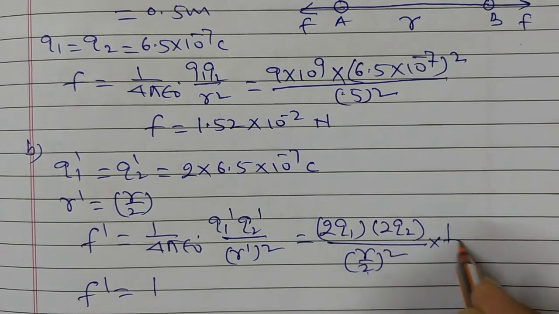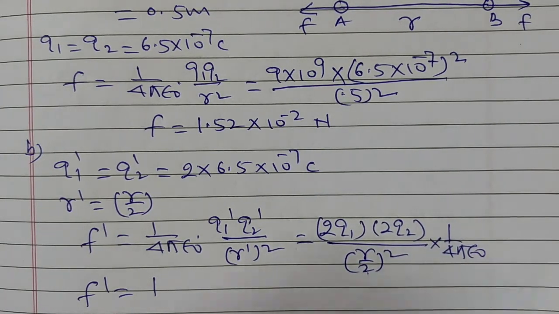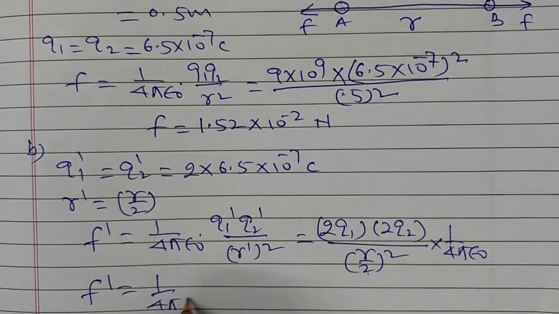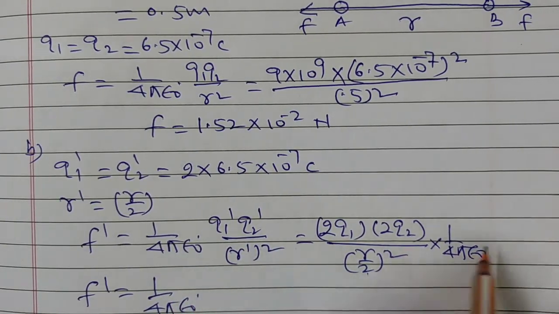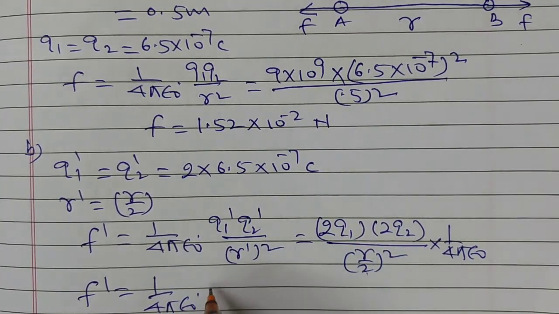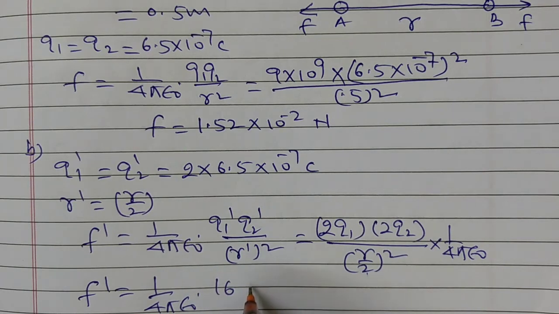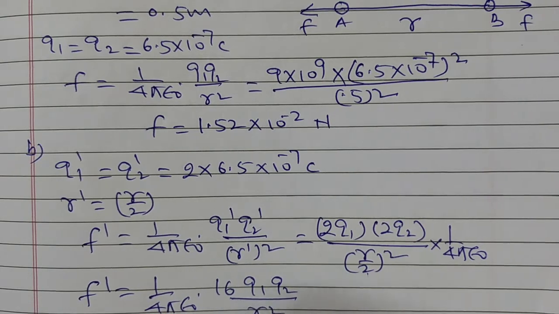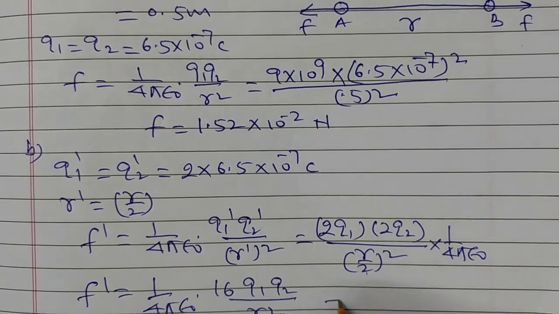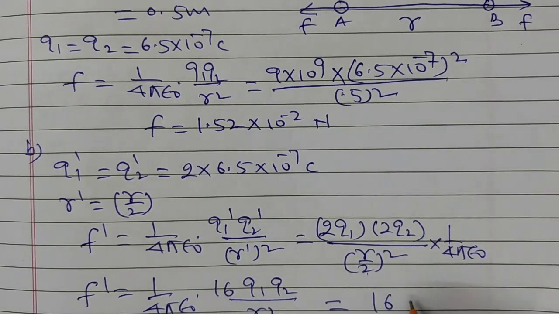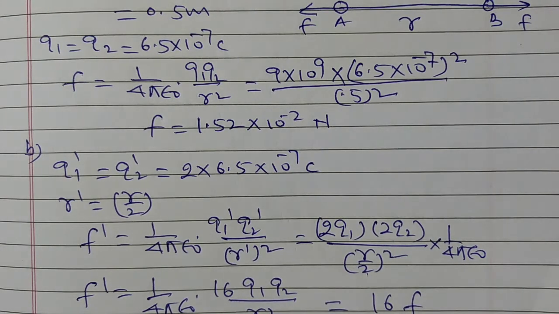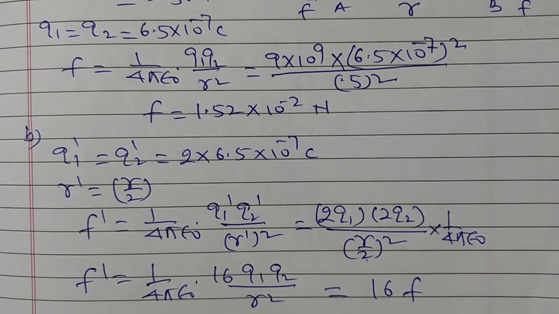Here this 1/4πε₀ as it is, and this 16 into Q1 Q2 upon this R square, or this can be written as 16 into F. It is 16 times of the initial force.